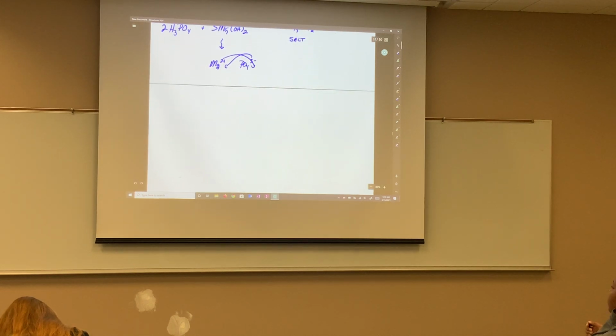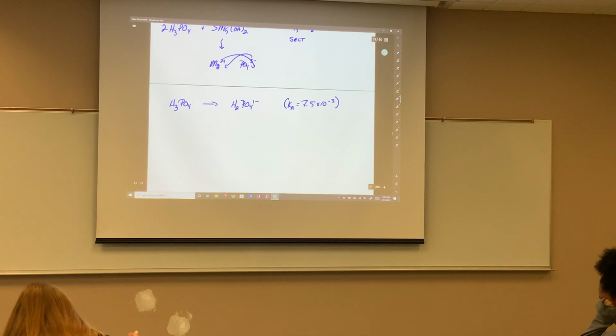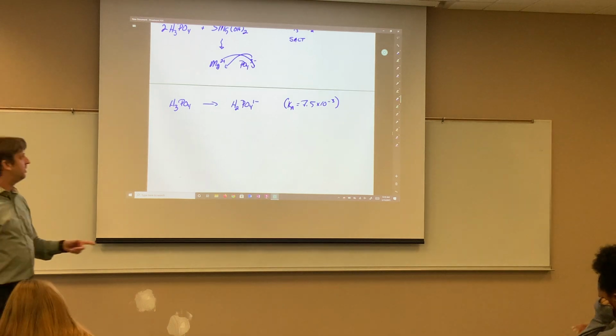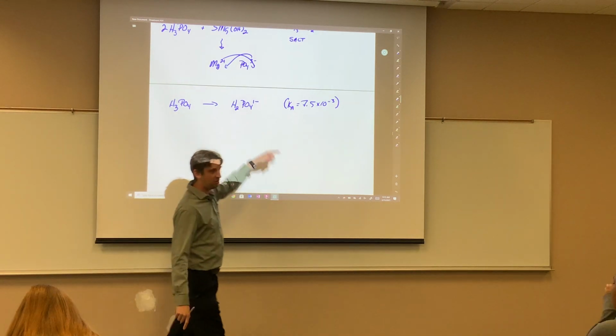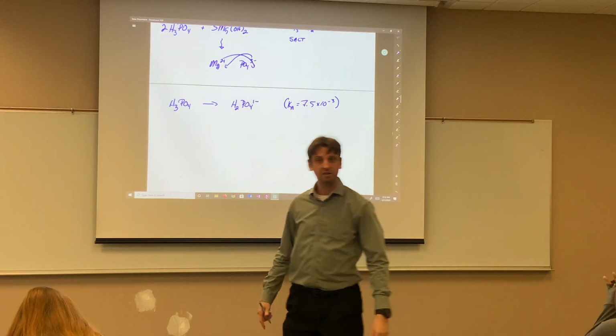If you take a look at the data for H3PO4, we'd have a Ka value associated with that, for the first dissociation of phosphoric acid. You guys with me on this? The first proton that's lost, okay?